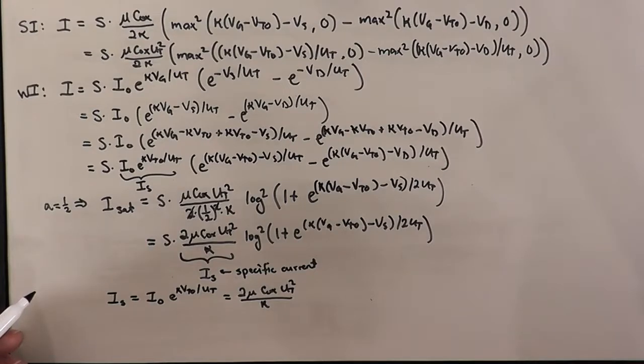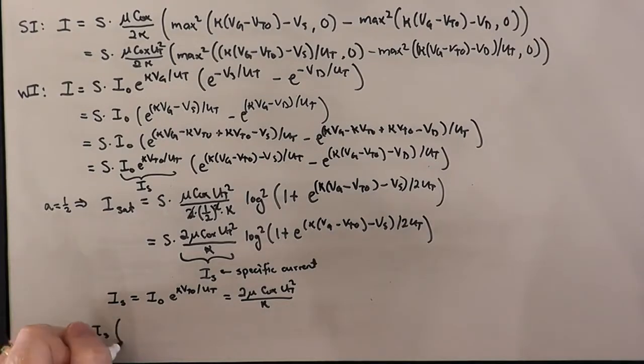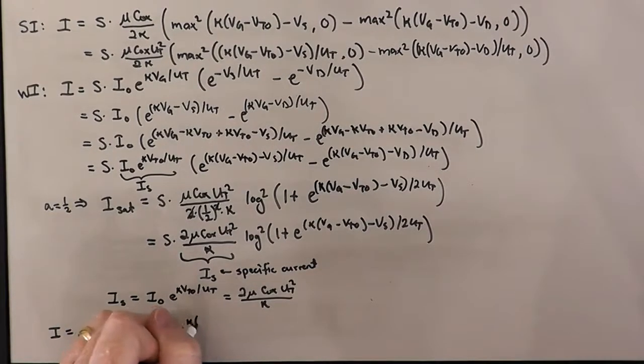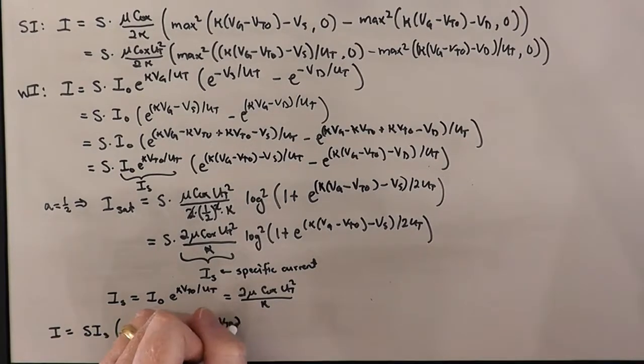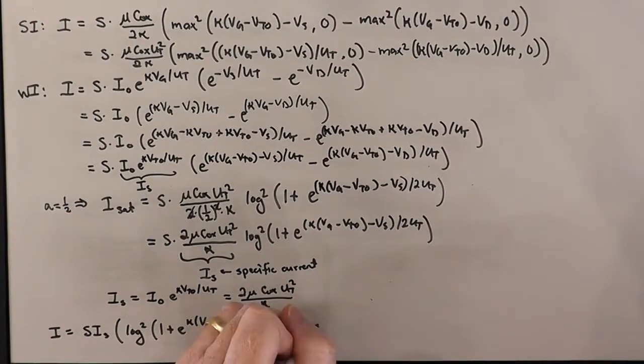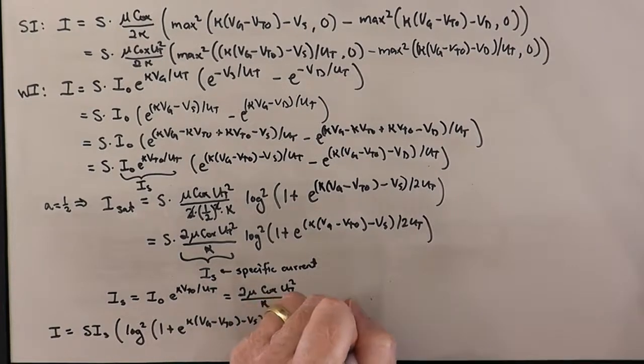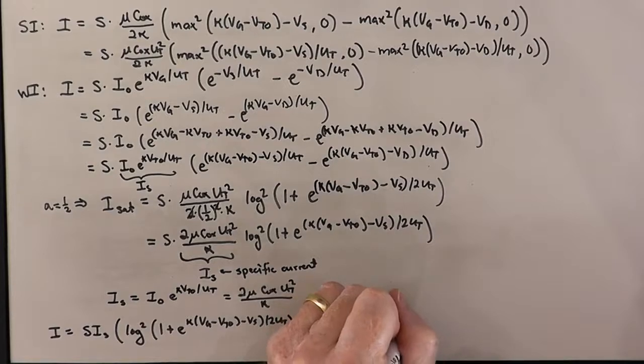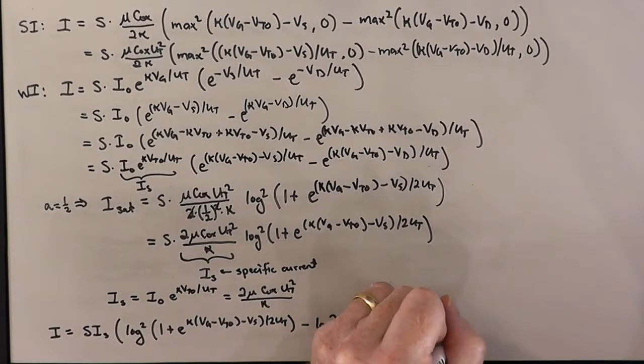So the whole model, including both the first term involving the source and the second term involving the drain, would be something like I is equal to S Is times log squared 1 plus e to the kappa Vg minus Vt0 minus Vs over 2Ut, minus log squared 1 plus e to the kappa Vg minus Vt0 minus Vd over 2Ut.